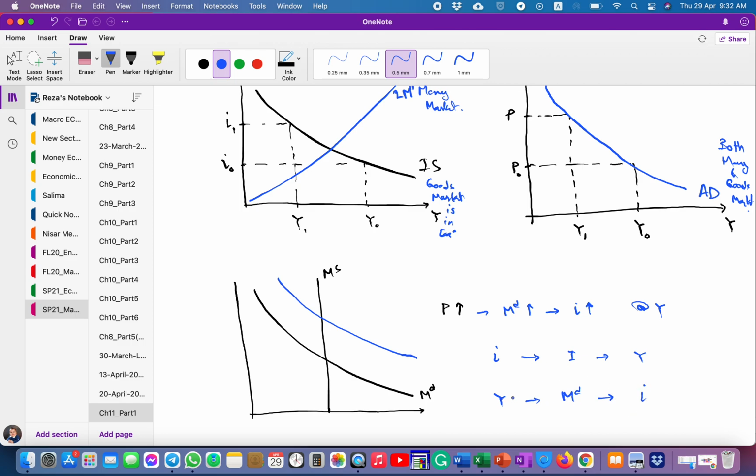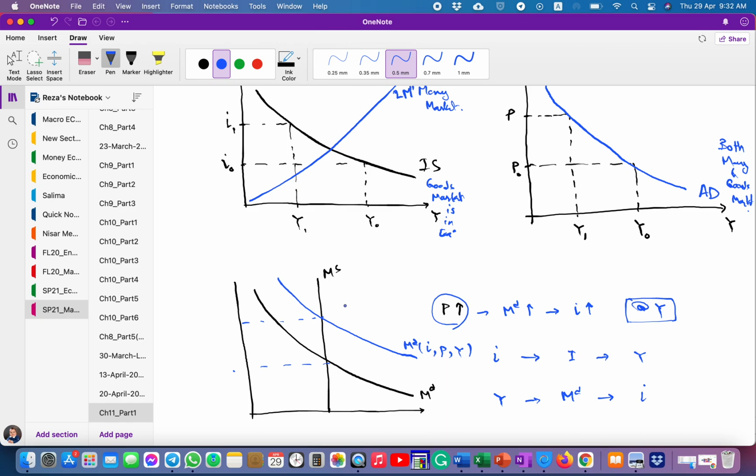So this is the interconnectedness: equilibrium interest rate might be changed because of an initial shock of the price, and the interest rate can no longer be fixed, because the water flows to the goods market and the level of output is changing. And remember that money demand is a function of interest, price, and output. So now that the output has changed, again this is going to be shifting until both markets are in equilibrium.